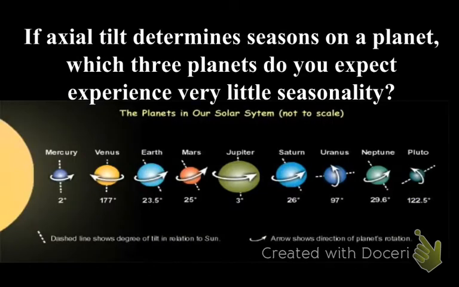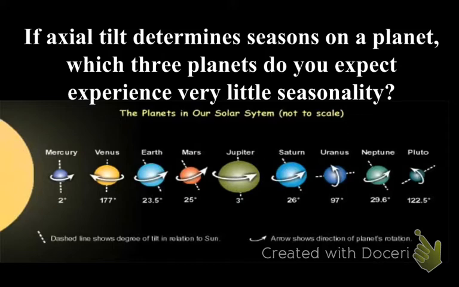If we look at the tilt of all of these planets, it says if tilt determines our seasons, then the planets that don't have much of a tilt would experience very little seasons. So there are 3 planets, if we take a look at them, that are going to experience very little seasonality because their tilt is very close to non-existent, pretty much straight up and down.